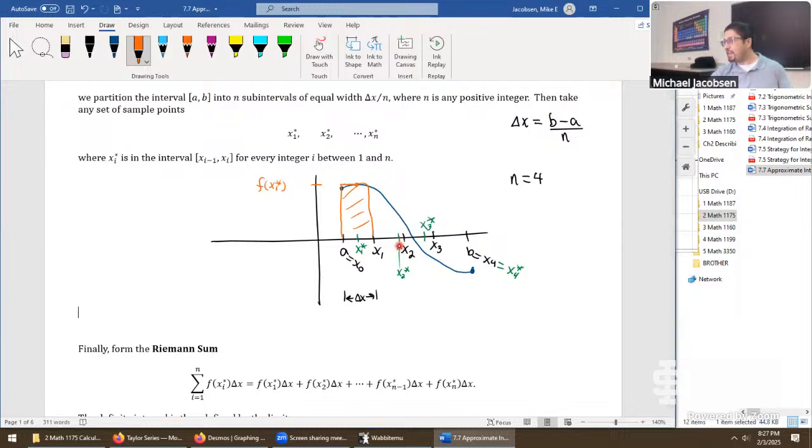x2 star gives us a value right up here. So our rectangle goes like that. But the moment we get to the x3 star now, things are changing. At x3 star, our function value is down here. That gives us a negative quantity, f at x3 star.